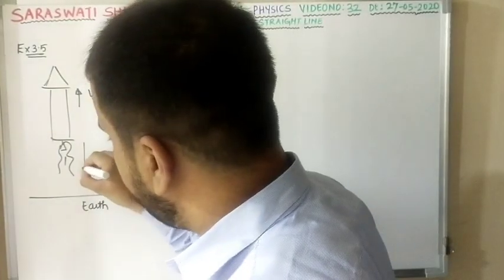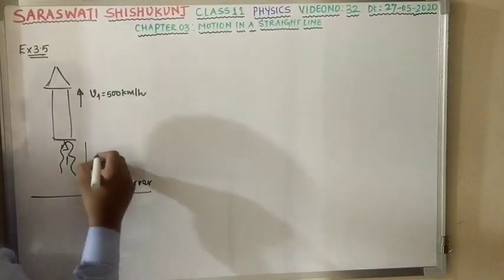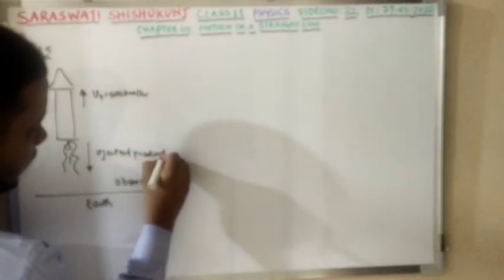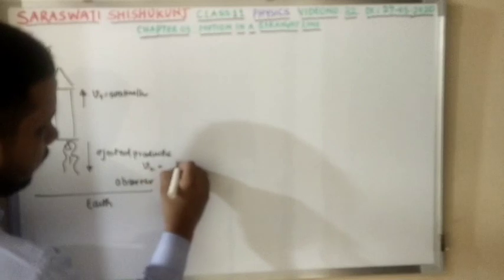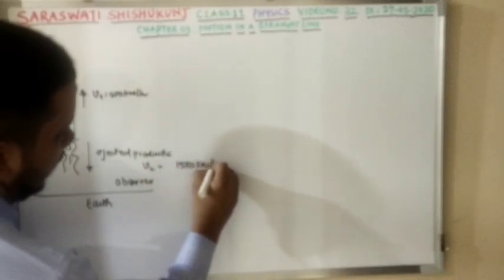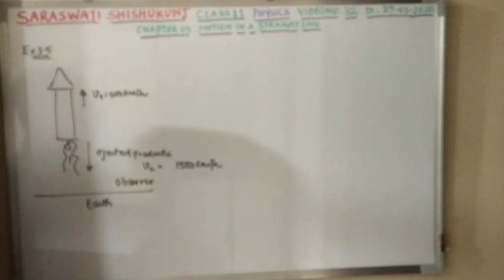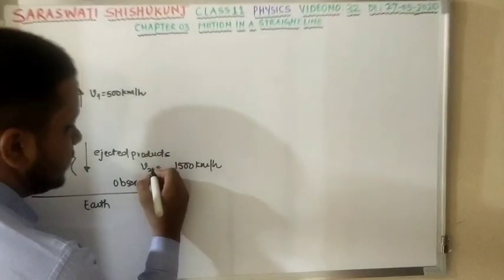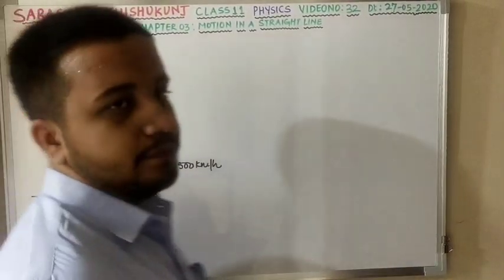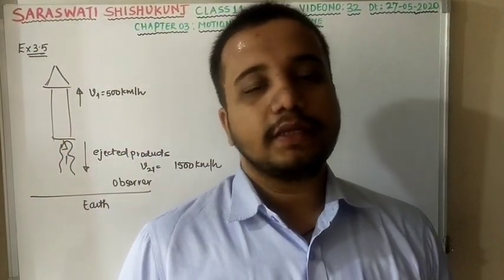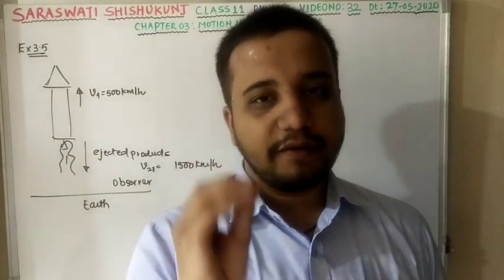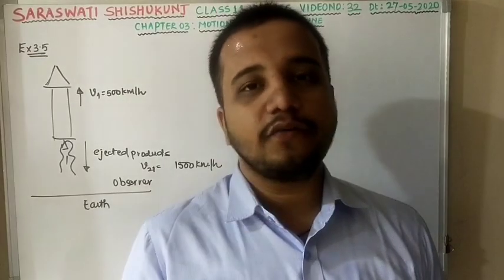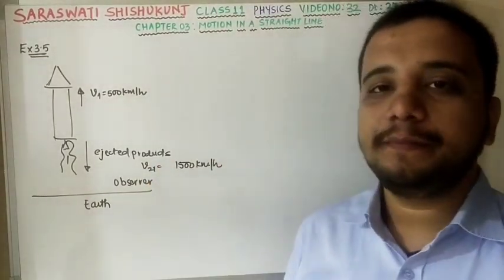These combustible products, or you can say ejected products, move at a speed of 1500 kilometers per hour with respect to the rocket. The rocket is moving at a speed of 500 km per hour. The objects being ejected from the rocket are compared with the speed of the rocket, and it is given as 1500 km per hour.